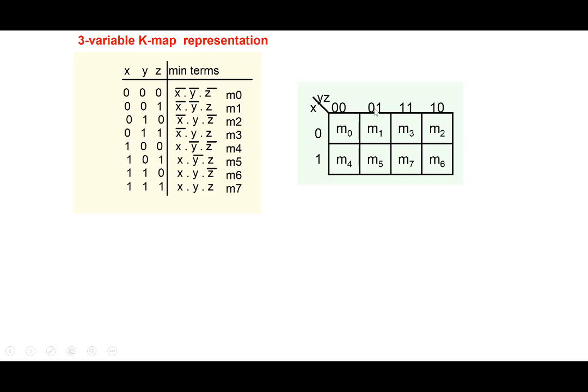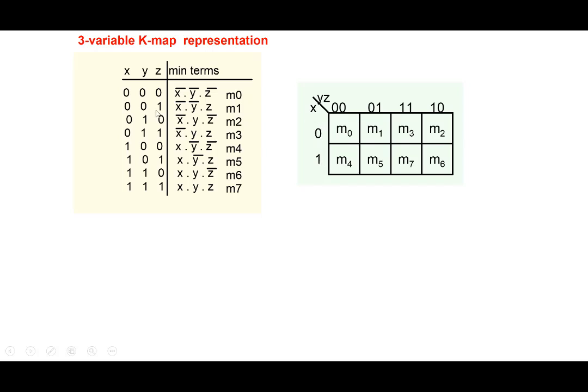Similarly, when you go from 0, 1 to 1, 1, there's only a 1 bit change. And 1, 1 to 1, 0, there's only a 1 bit change. And that 1 bit change is important because when you represent it like this, we are going to apply a principle called x plus x bar equal to 1. So that's why we are representing it like this. Similarly, 0 and 1, so there's a 1 bit change here.